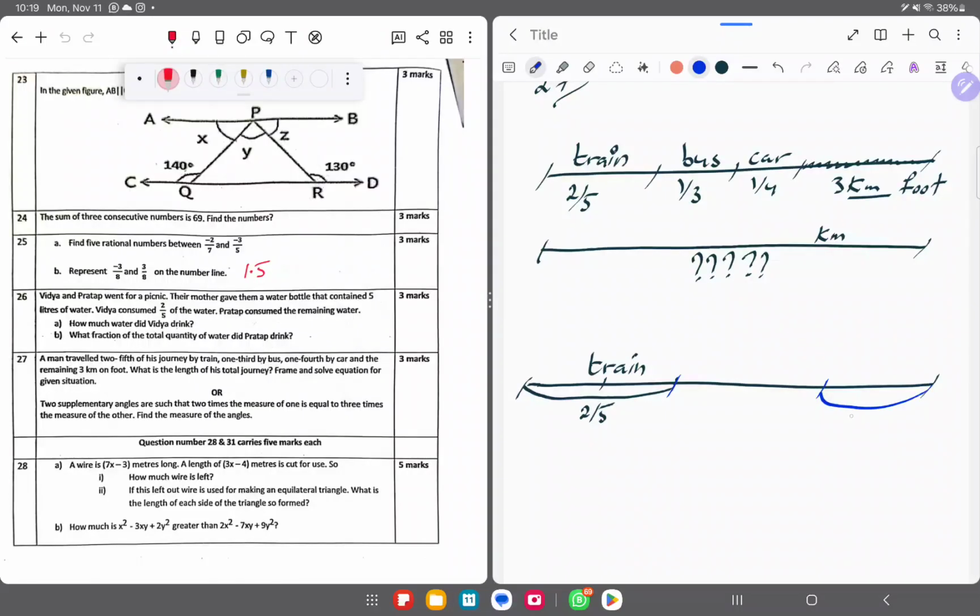This is 1/3. I'll just take the one on the right. Okay, 1/3 by bus. And then 1/4. Where do I put this 1/4? Or I'll put the bus here. No, I can't put the bus here. I need a ruler. Is there a ruler here? No ruler here.